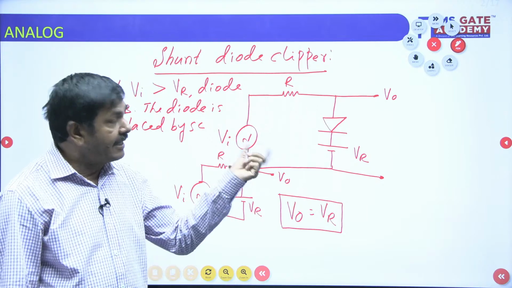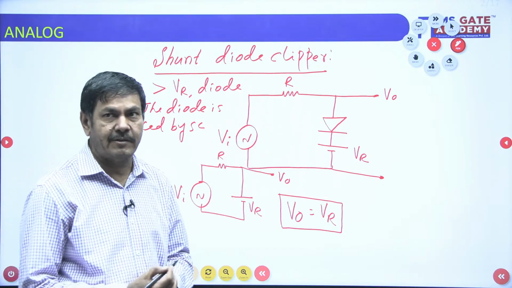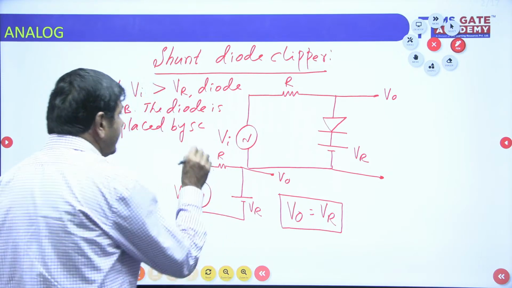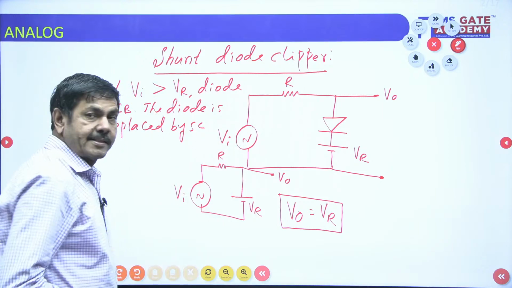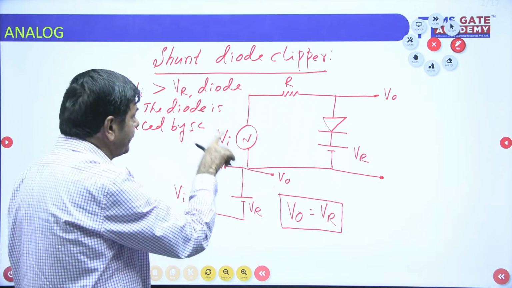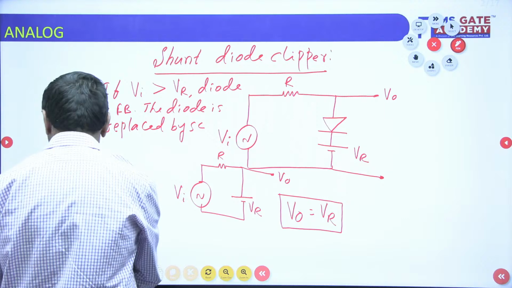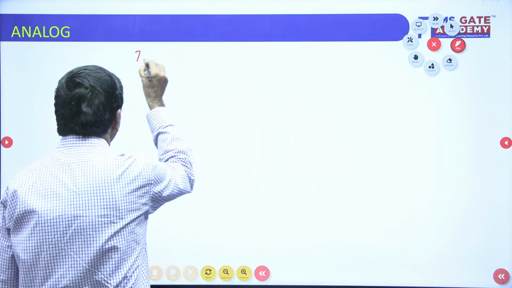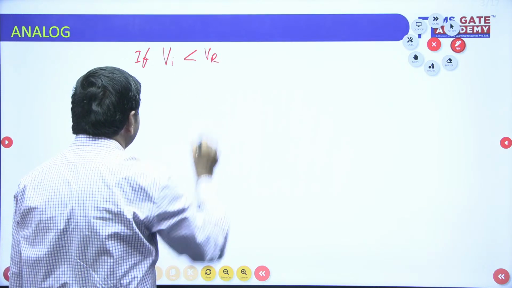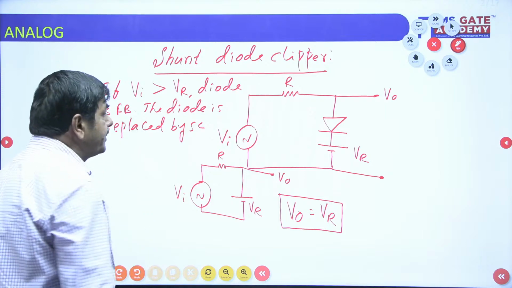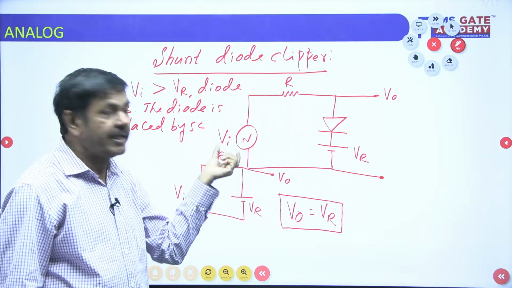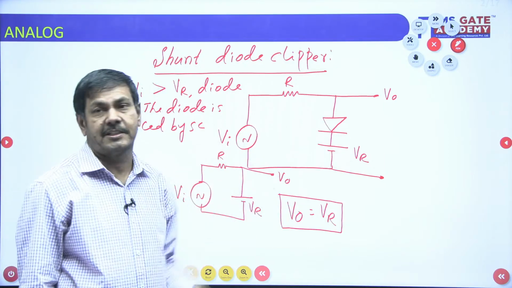In case the diode is reverse biased, you will see now what happens. If Vi is less than Vr, that is good enough. It need not be a negative pulse. Vi less than Vr means Vi is the lower potential and Vr is the higher potential.